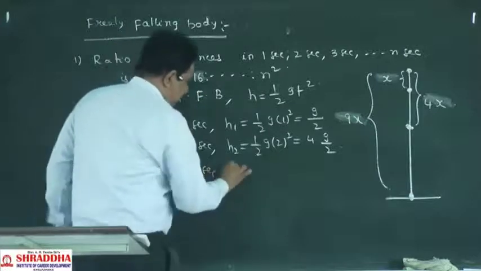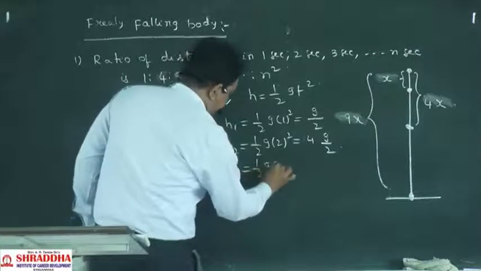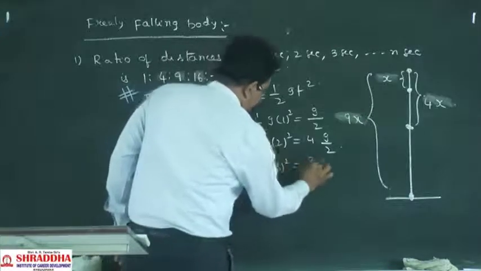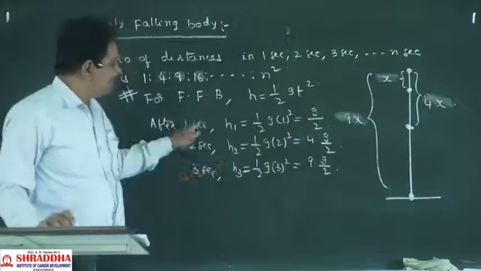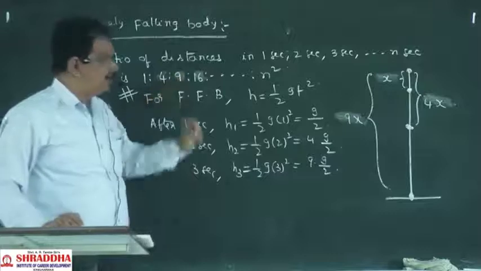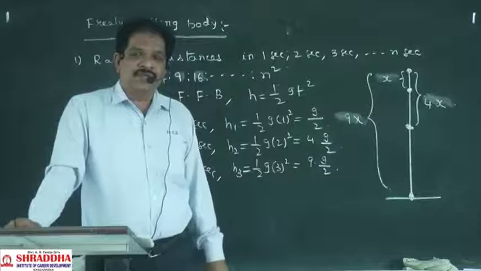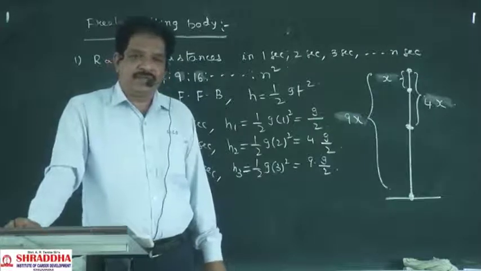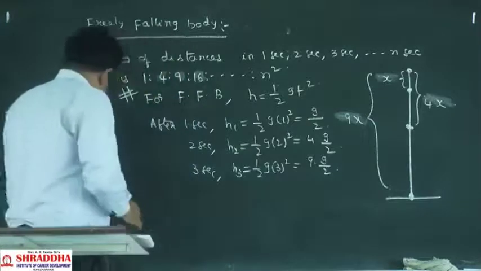After 3 seconds, h3 is 1 by 2 g into 3 square, 9 into g by 2. So this ratio is 1 is to 4 is to 9 is to 16 and so on, n square. Clear? This point is clear. Next, second one.